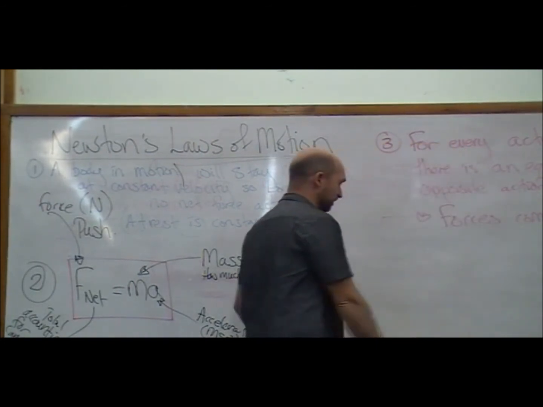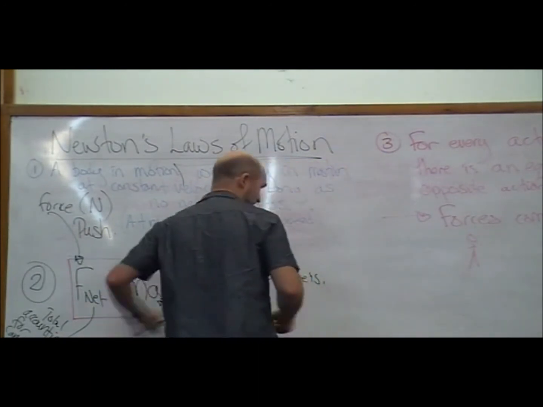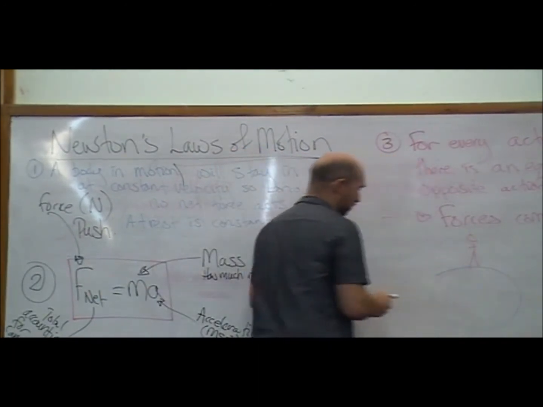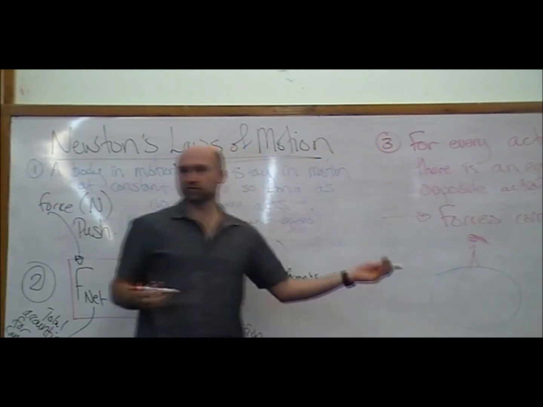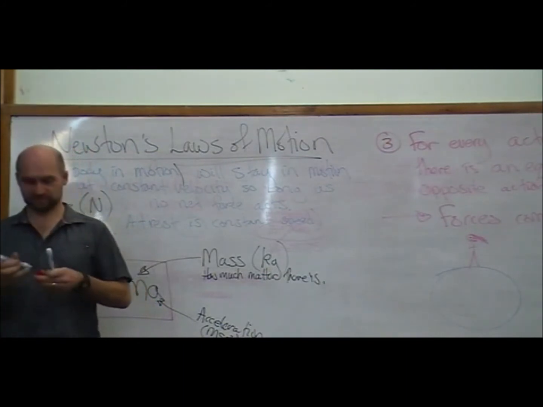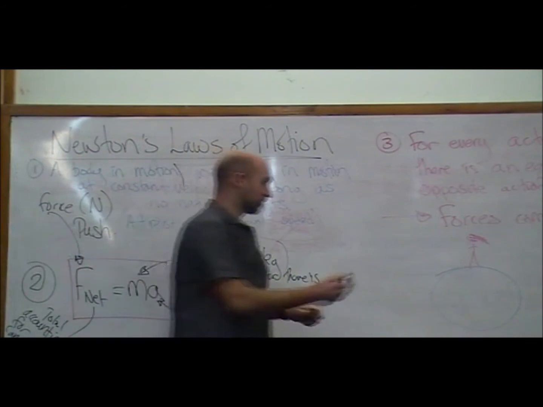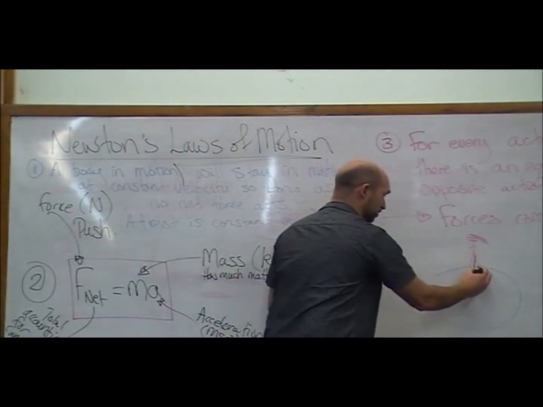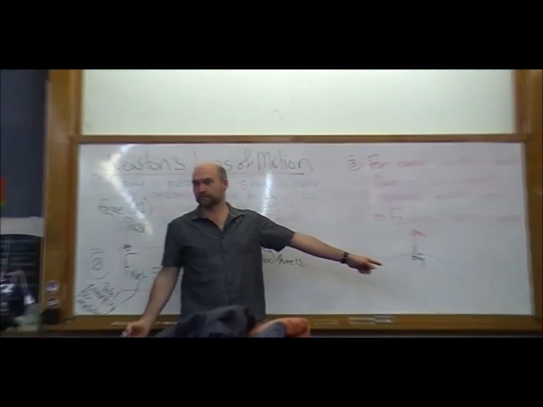It's complicated because if we think about you and the Earth, what forces are acting? Gravity. What way does gravity go? Gravity goes down on you, Fg. And what's the pair of gravity?